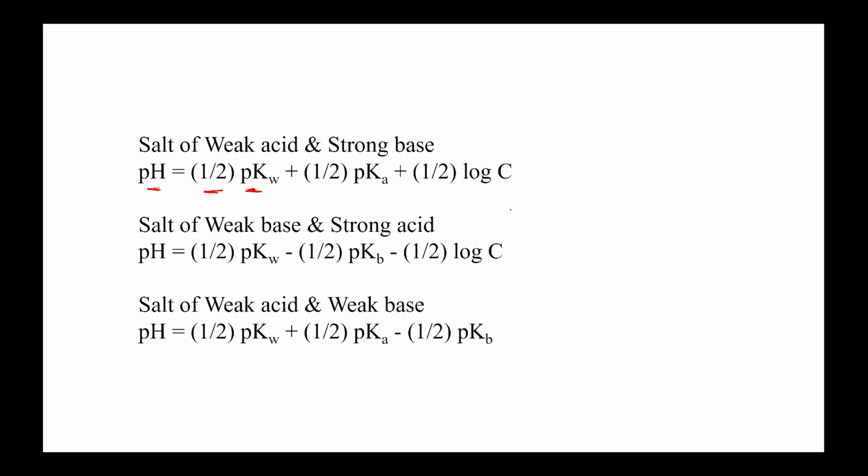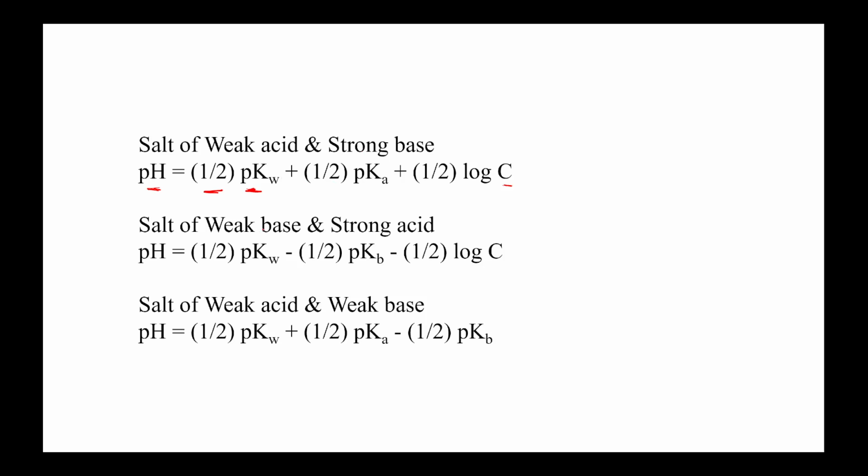Okay. Then you have half pKa and half log C, where C is the concentration of the salt solution. So for any particular concentration of salt solution, you can theoretically calculate the pH if you know the dissociation constant of the acidic component of the salt. So if the salt is of weak acid and strong base, then you have this equation.